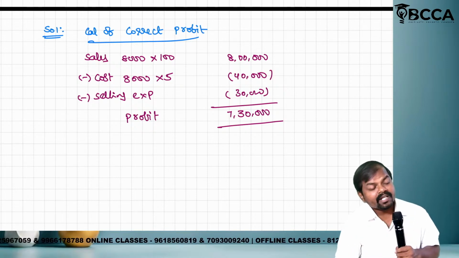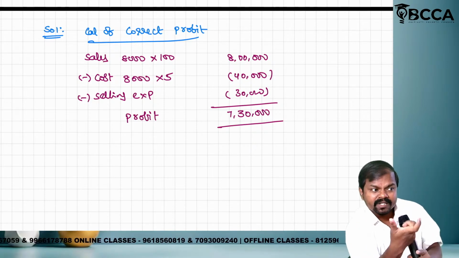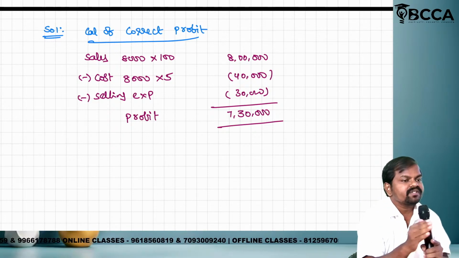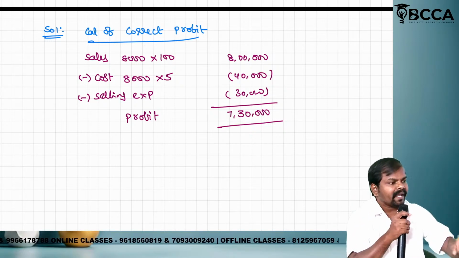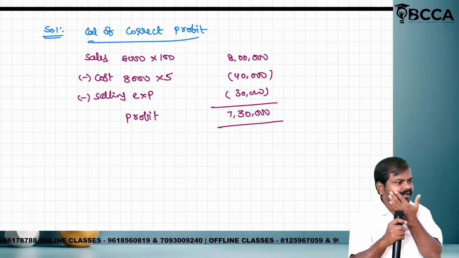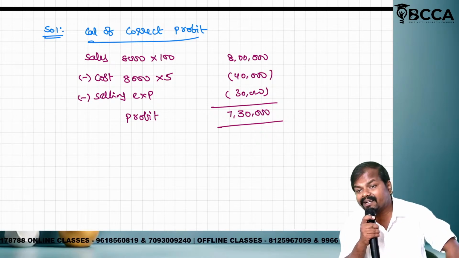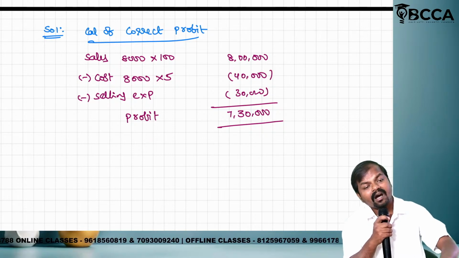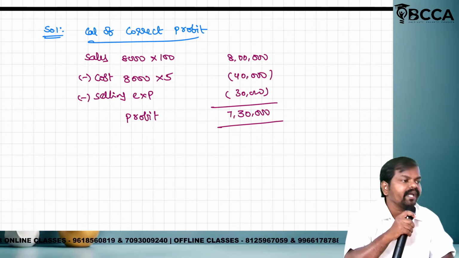Now tell me, what is meant by product cost? Very simple. The name itself indicates it: product cost means cost which is incurred for manufacturing of a product. Manufacture means sold plus unsold. I hope you got the clarity. What is meant by period cost? Period cost means cost which is incurred by the organization exclusively for the purpose of sold units.